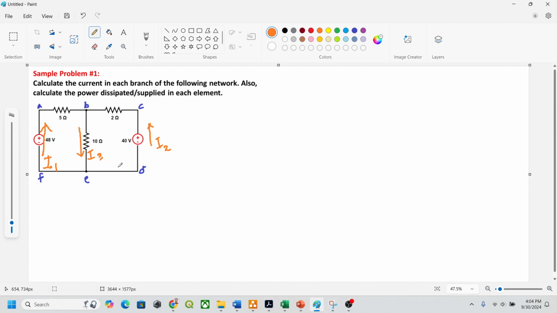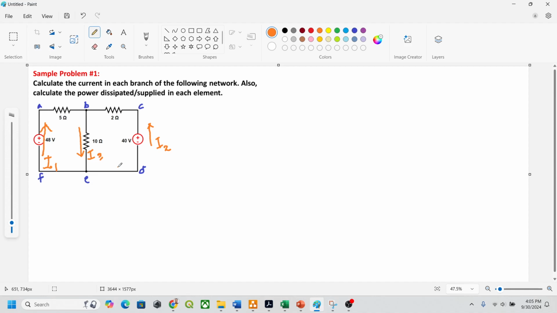So how to identify the number of KCL? It's the number of nodes with three or more branches minus one. If you have three nodes with three or more branches, for a more complicated problem, you are expected to make two.